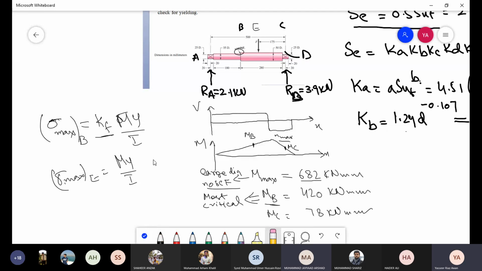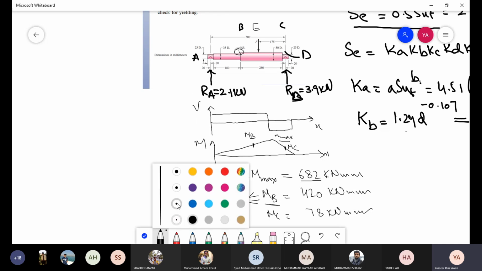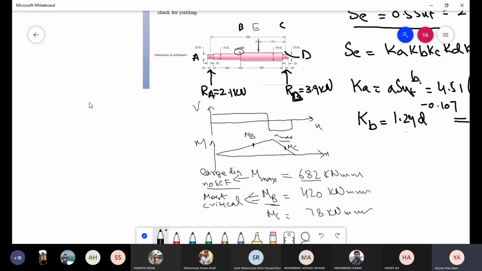ठीक हो गया? चलो. So let us take the assumption that point B is the most critical, and move forward, and then when we find the stress concentration factor, it would become more obvious, I think.